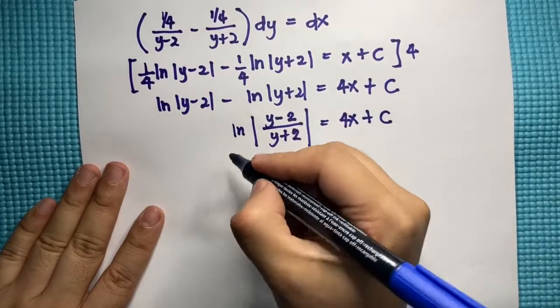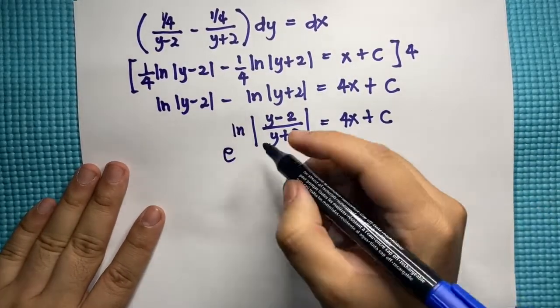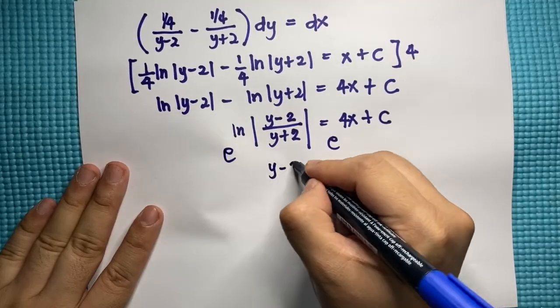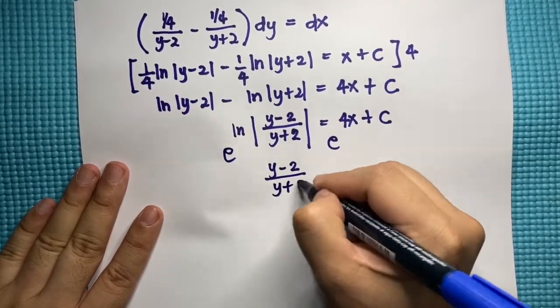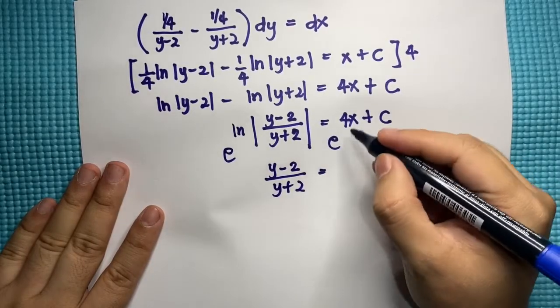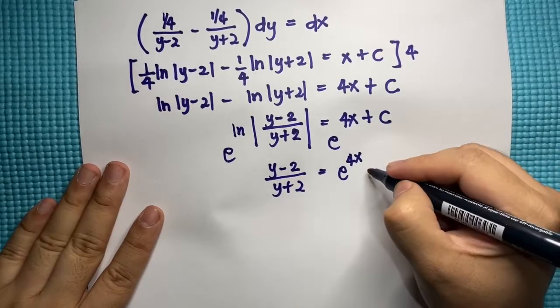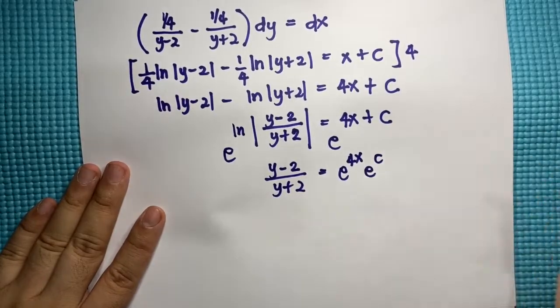Taking the exponential function on both sides, yielding y minus 2 all over y plus 2, and that would be equal to e raised to 4x multiplied with e raised to c.